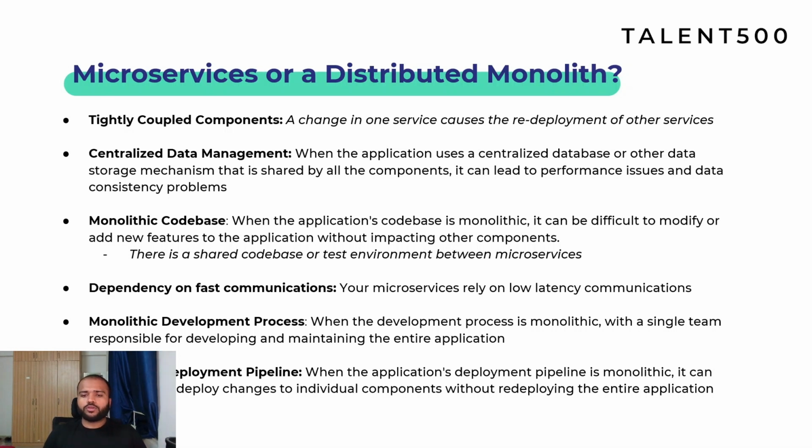The fourth point is dependency on fast communications. Microservices need low latency communications, and we aspire for low latency, but it doesn't mean that if the communication is a little weak or slow, your application is going to fail the request. That should not be the case.